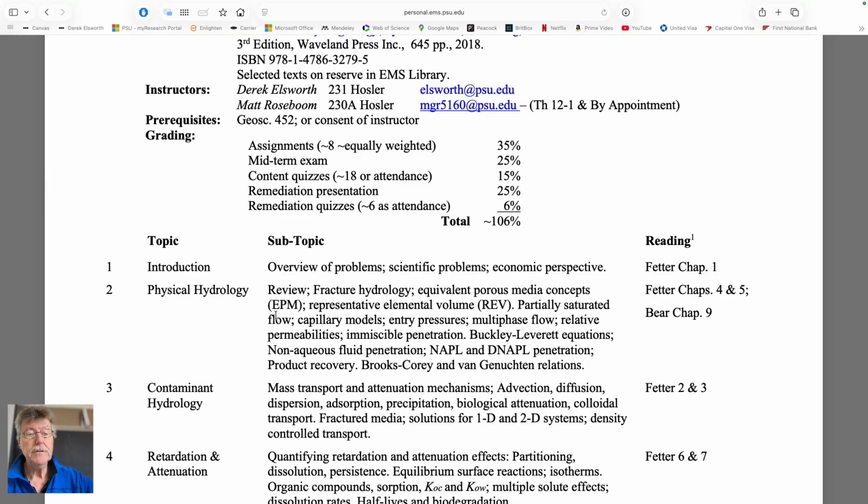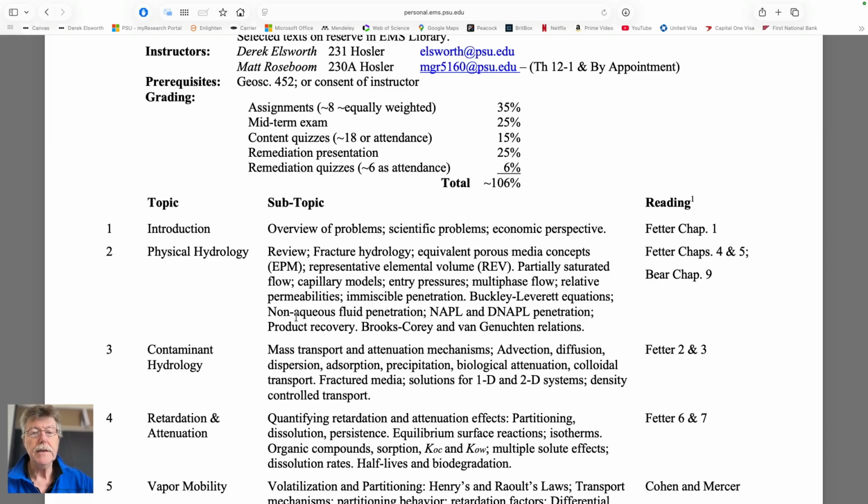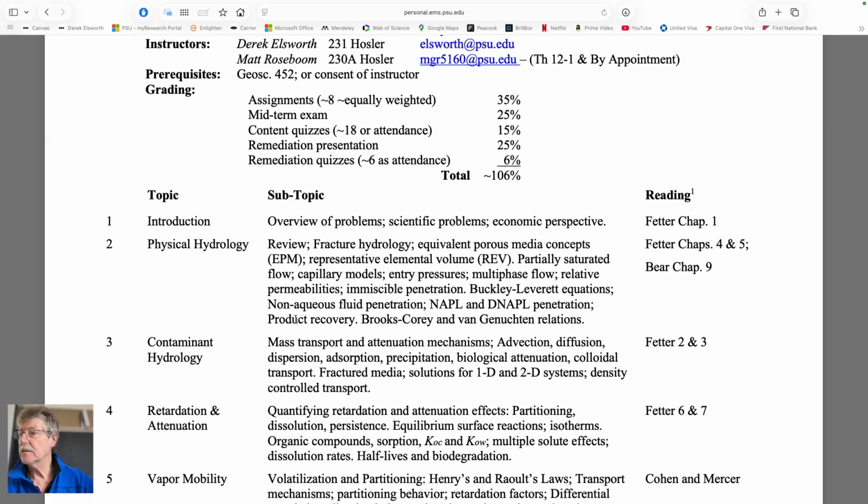So we spent the first part of the class talking about physical hydrology, the behavior of multiphase fluids, Darcy's law, relative permeabilities, capillary pressures versus saturation curves. So you can get the picture of this chimney that exists in the subsurface, the initial distribution of the source, the contaminant that's stuck there by capillary forces.